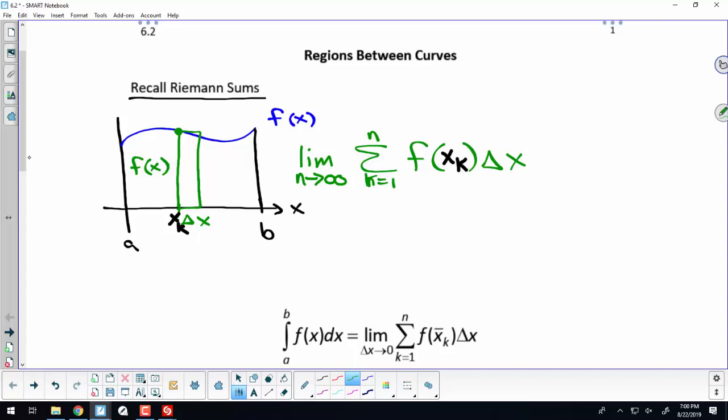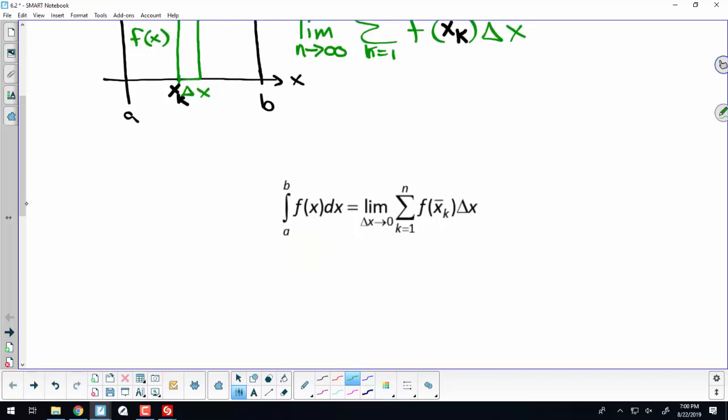Okay, so that's how we defined a definite integral. I know this notation is weird, but delta x, this right here, is the same thing as what we wrote, because if delta x, the length of each rectangle, goes to 0, then that means we're putting infinitely many of the rectangles in there.